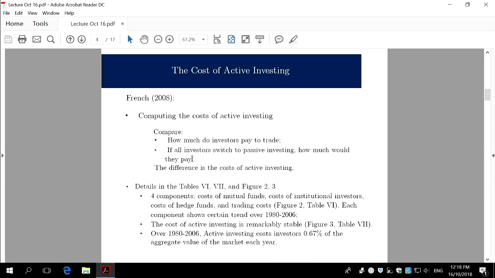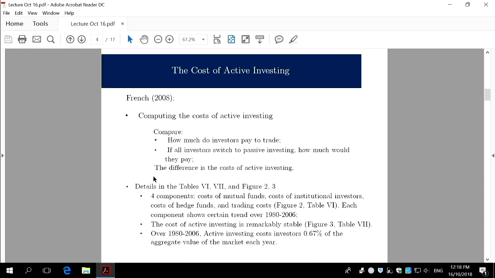Because passive investing is not completely free. It's a tiny little bit of cost. Then the difference between them would be the cost of active investing. That's straightforward, right? Active minus passive, that difference is the cost. If everybody switches to passive, then how much cost can they reduce?